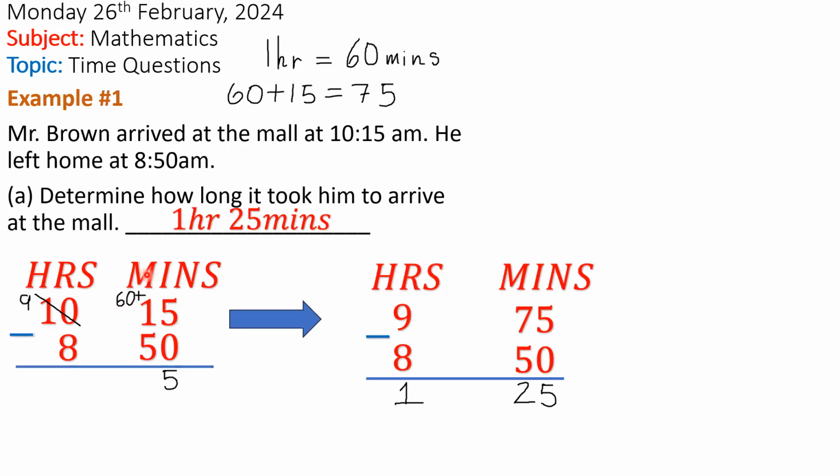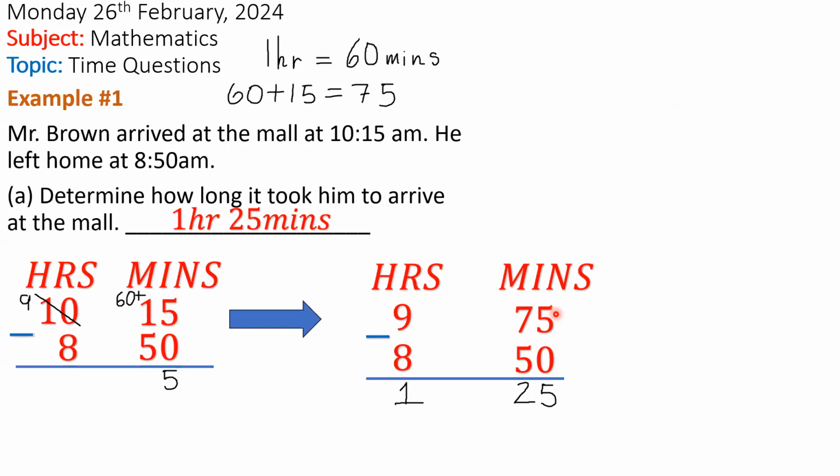Still sound lost? This is 10. We subtract 1, so it's 9, right? And then when we bring the hour over to the minute side, we can't just put 1, because it's a whole hour. So you have to put 60 minutes. Then we do 60 plus 15, which is 75.